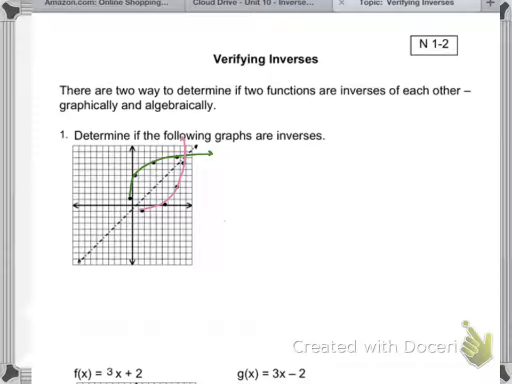Do these two look like they're inverses? It looks okay. So we're going to say yes. They appear to be reflected over y equals x.